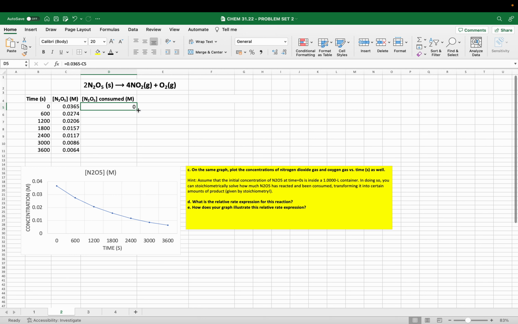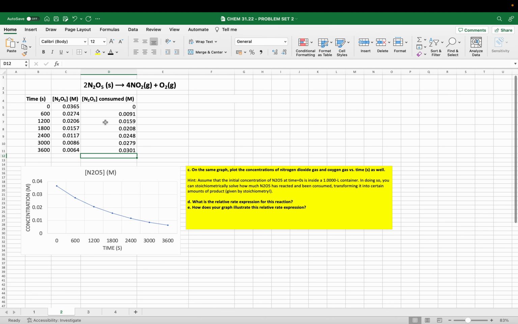Obviously, at time equals 0, the reaction hasn't occurred yet. We're going to drag and drop, applying the same formula to all the other cells. So as you notice, as the concentration of N2O5 becomes very small, the amount of it consumed becomes very large.